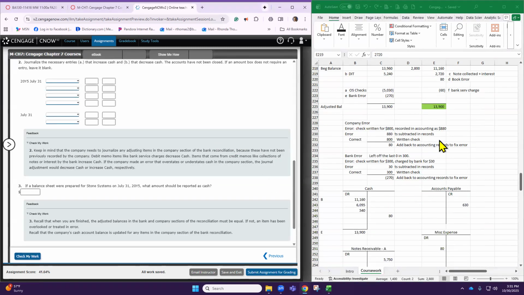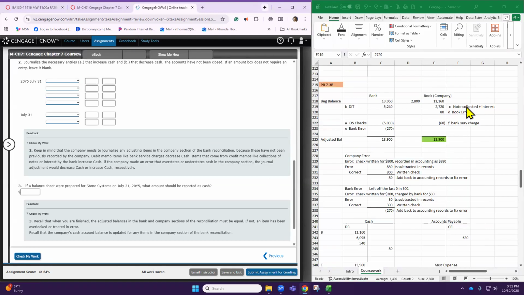And now we have to worry about what's over here. We've got 1, 2, 3 things. So cash has a balance of $11,160. So let me make that equal what's up there. Then we need to add our note collected.